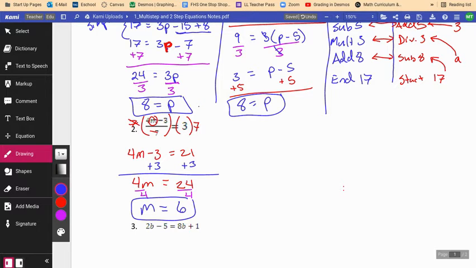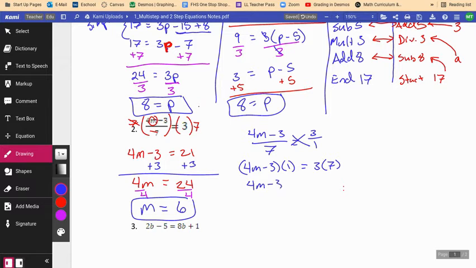Again, another way to do it. We remember having fractions, so I can easily change 3 to a fraction by putting it over 1. If I have one fraction equal to another fraction, then that means I can cross multiply. So 4m minus 3 times 1, right? I'm going to write it out so you guys see what I'm doing. So this times 1 is equal to 3 times 7.